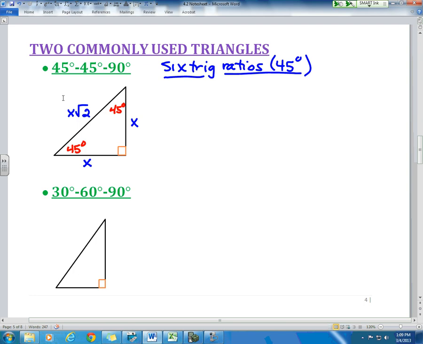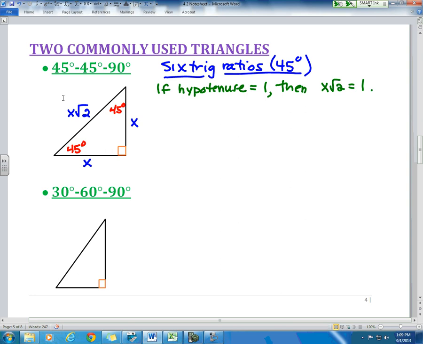I'm going to do this just to make things a little bit easier. I'm going to force the hypotenuse to be 1, and there's a reason why I'm forcing this hypotenuse equal to 1, because it has something to do with what's called the unit circle we're going to study a little bit later. If our hypotenuse is equal to 1, then hopefully you agree with me that x radical 2 equals 1.